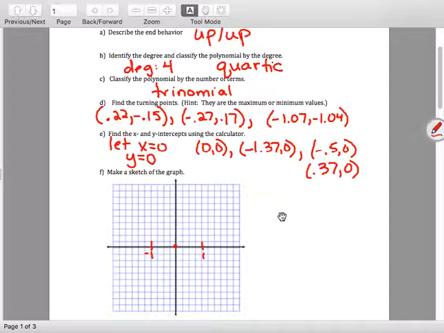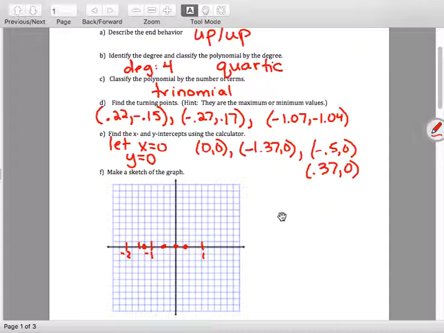Here's 0, 0. Negative 1.37 is like here. Here's negative 0.5, and here's 0.37. If you need to put more ticks in, 0.25, 0.5, 0.75, that's how I'm getting those.